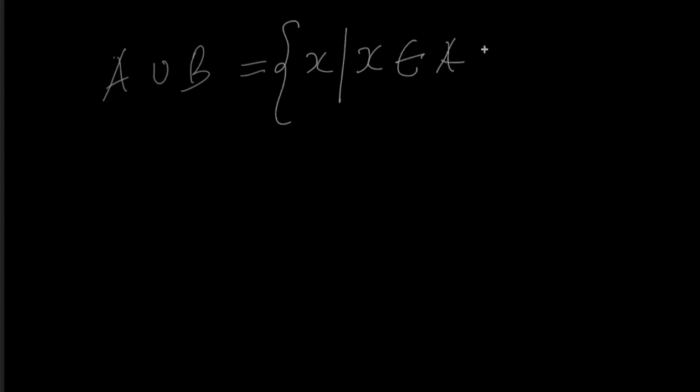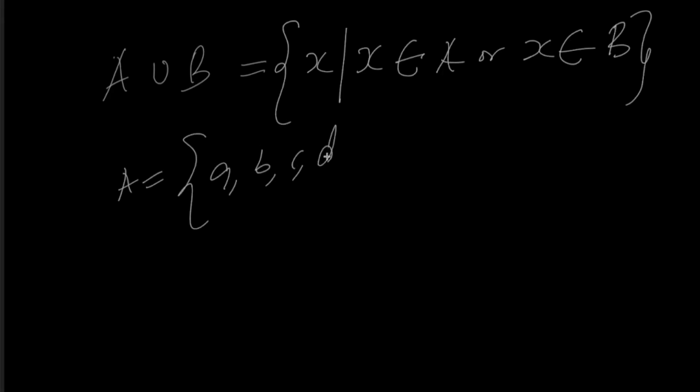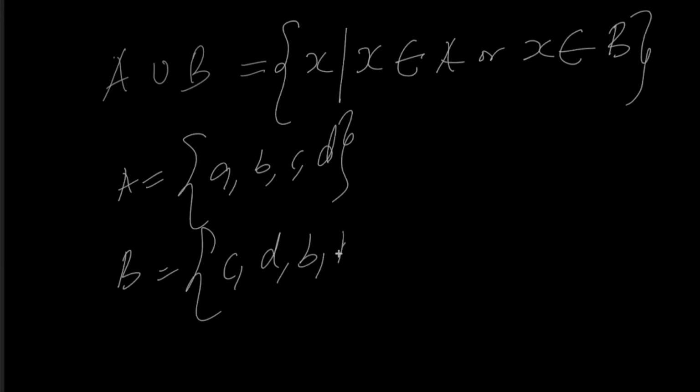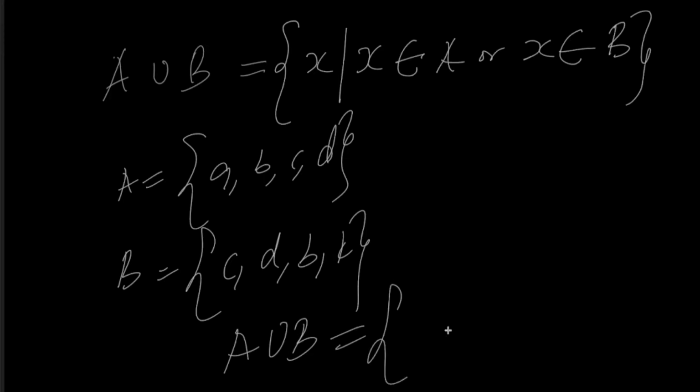Let's see again how to use set builder to represent union, intersect, and complement of sets. A union B, you can represent as {x : x is an element of A, or x is an element of B}. We have done this. For instance, if A is equal to {A, B, C, D} and B is equal to {C, D, B, K}, you agree with me that A union B is equal to {A, B, C, D, K}.